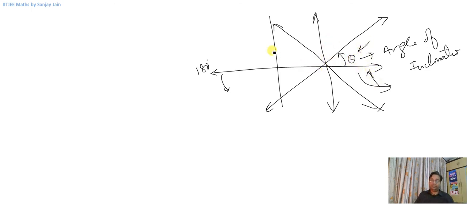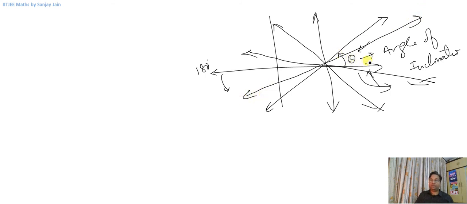You can see it yourself. For example, if I go beyond this, it will again make an acute angle with the positive direction of x-axis. So the angle of inclination that we will talk about in this lecture will be between 0 to 180 degrees, because beyond that the line is going to be the same line as corresponding to 0 degrees. So this was about angle of inclination.